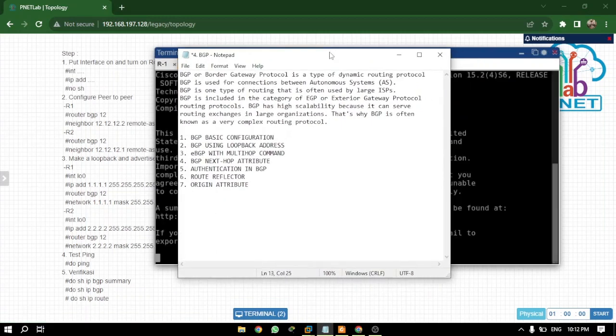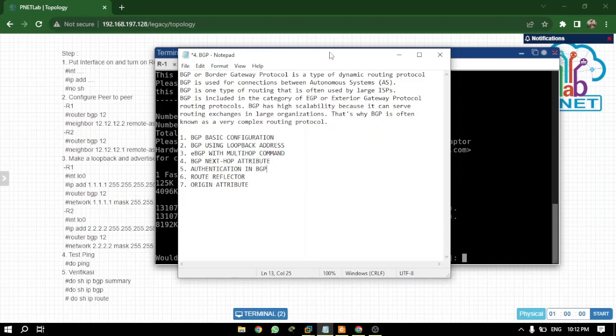BGP, or Border Gateway Protocol, is a type of dynamic routing protocol. BGP is used for connection between autonomous systems. BGP is one type of routing that is often used by large ISPs. BGP is included in the category of EGP, or Exterior Gateway Protocol, routing protocols.